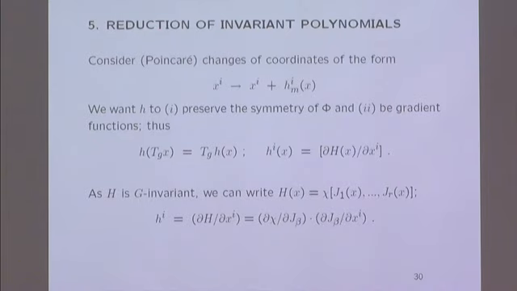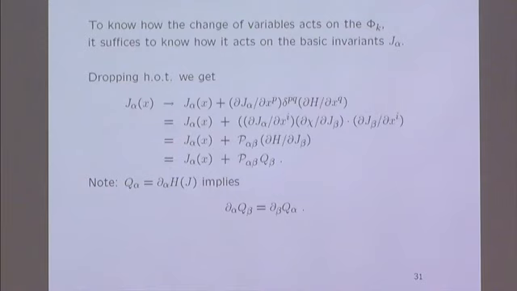So I will have just H is the gradient of something, but H is G invariant, so I can write H as a function of the basis invariants, and then the gradient is the derivative of H with respect to the basis invariants times the gradient of the invariants. Okay, and then I should make my chain formula for the derivatives.